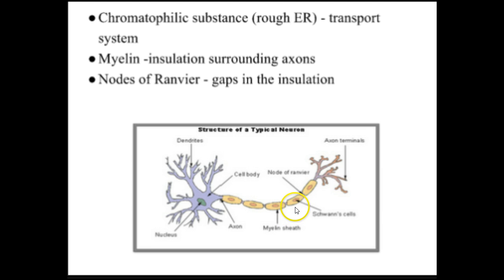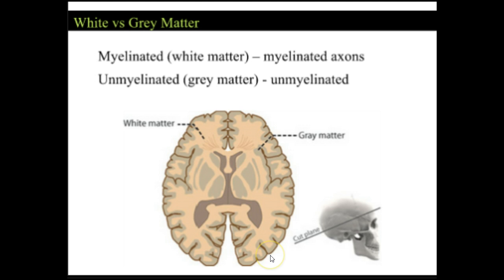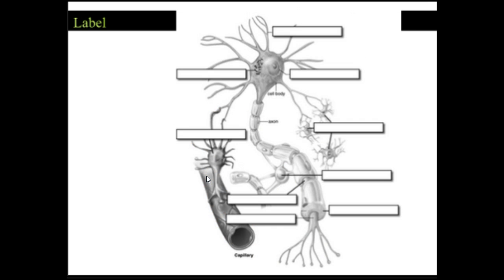Here we see our gaps. If we're looking at a cross section of the brain, or even the spinal cord, you're going to see white matter, and you're going to see gray matter. And white matter is going to be those neurons that have the myelinated axons, and the gray matter is actually the unmyelinated axons.